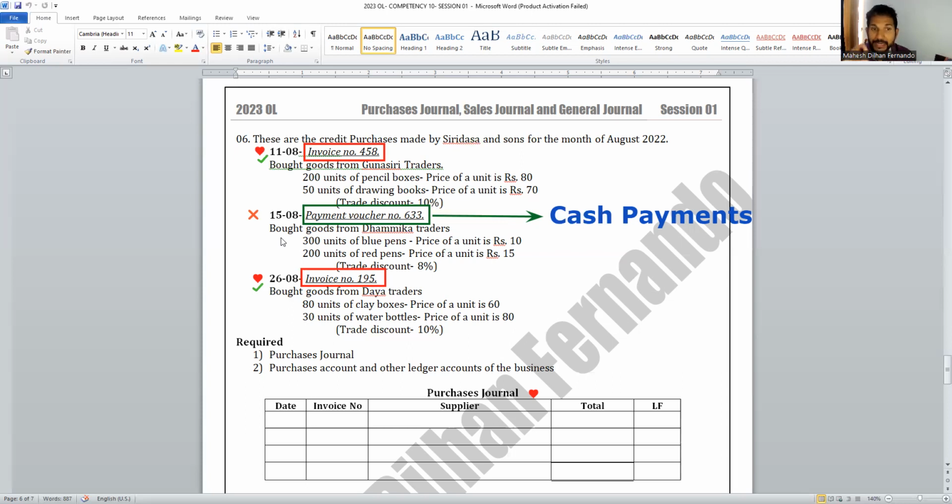The prime entry book to record the cash purchases is the cash book. I think I clearly explained this last week. Dishans, I think you made that mistake and you have corrected it. So please make sure that you record only the credit purchases in the purchases journal.